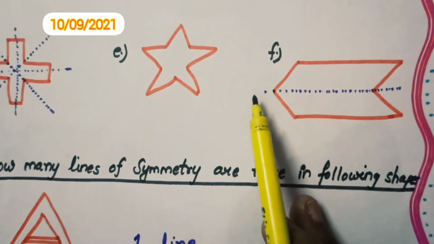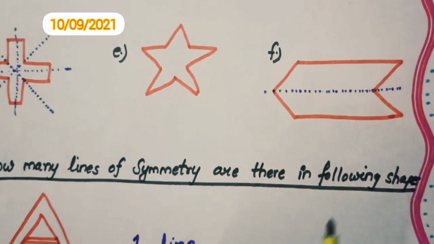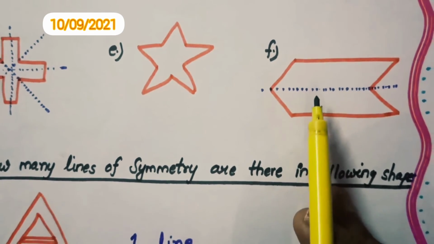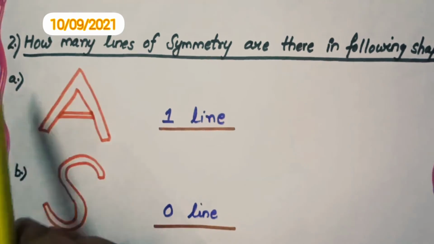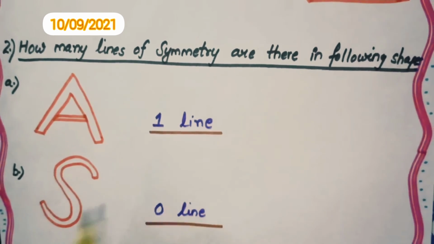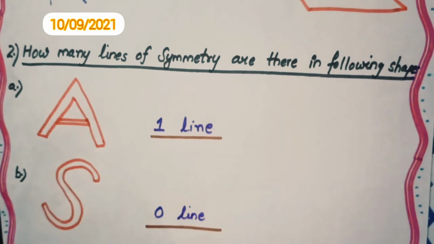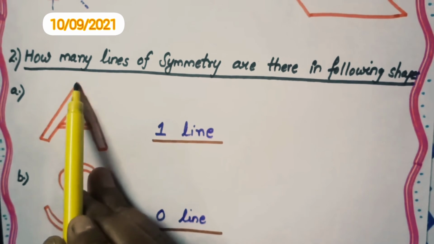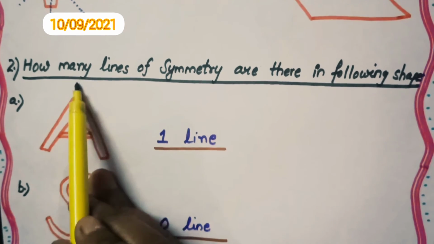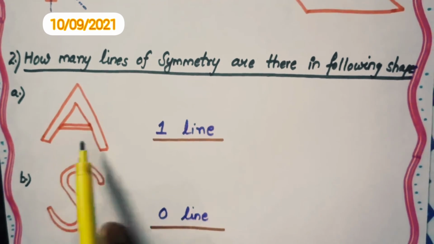And for this figure only one time we can have it into half. Okay. Now question number 2 says how many lines of symmetry are there in the following shapes. So for this shape only like this we can do. The line of symmetry will be like this and the line is only one.